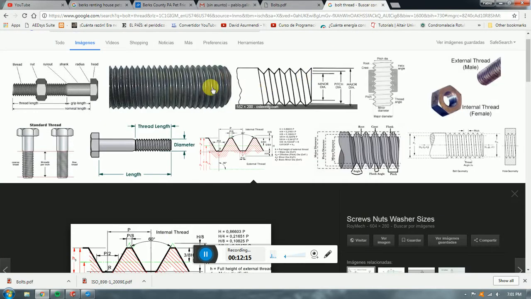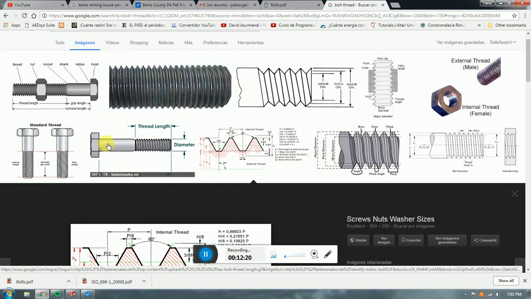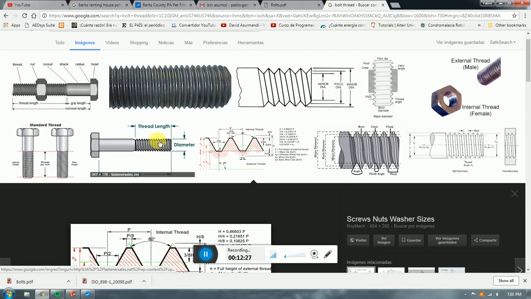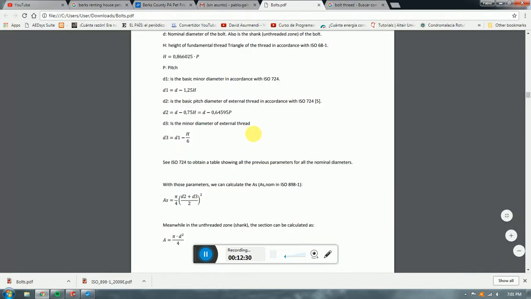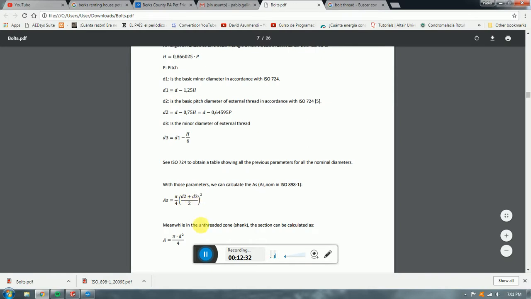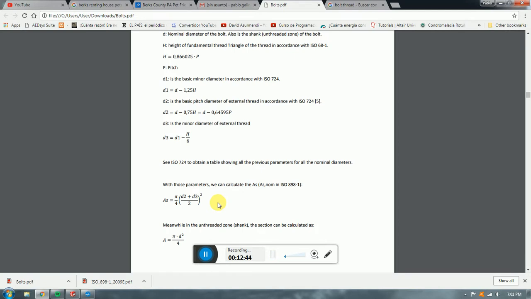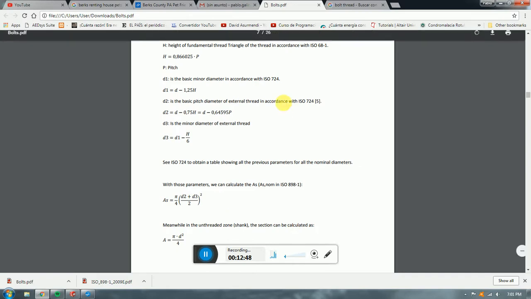Then technically you should use that second equation, but in reality, at least for me, to make everything more homogeneous, I always use this one, so I don't have to use different equations depending on the case. That makes my charts a little easier. I know it's a little bit conservative in some specific cases, but then you don't have to check each time exactly where the shear plane is going to be intersecting the bolt.